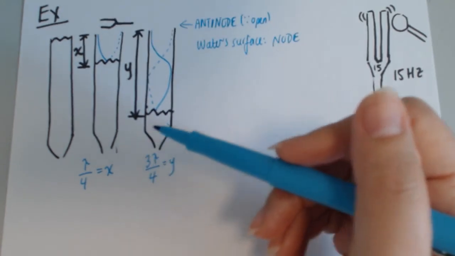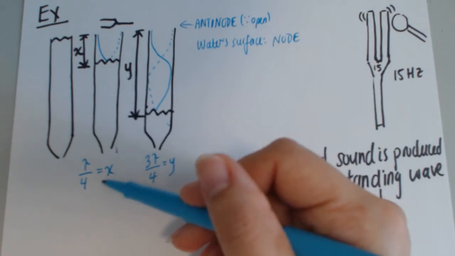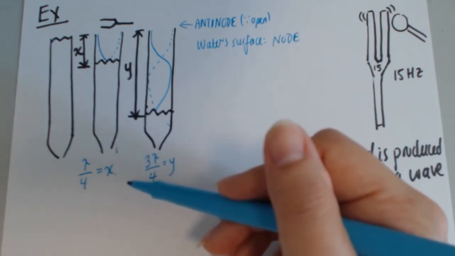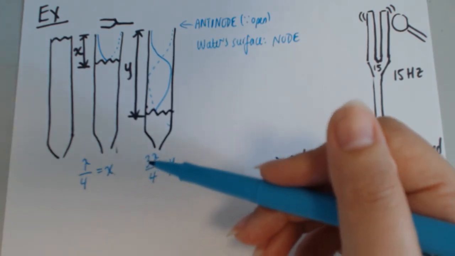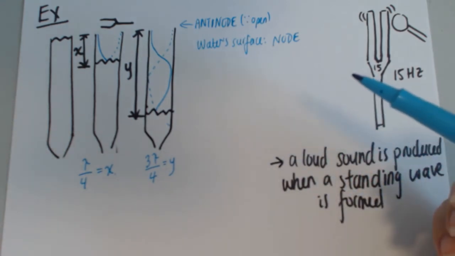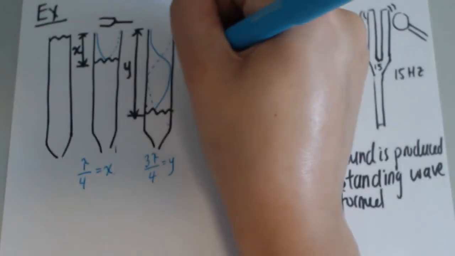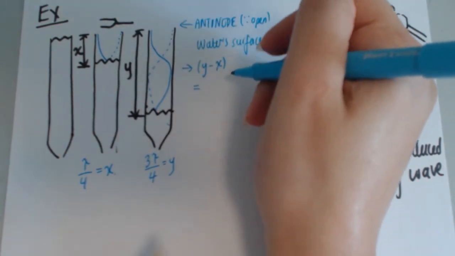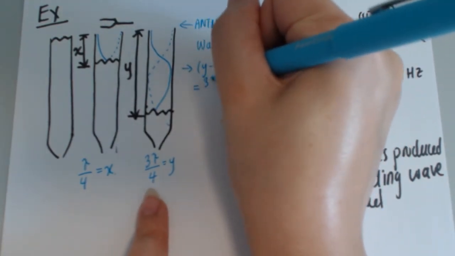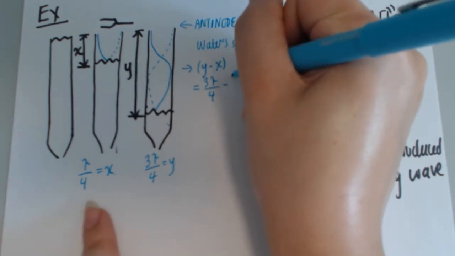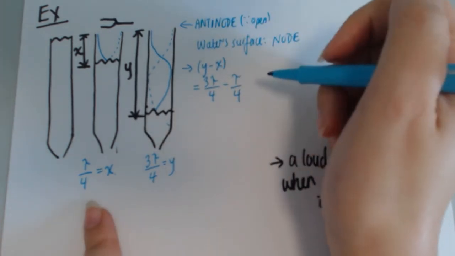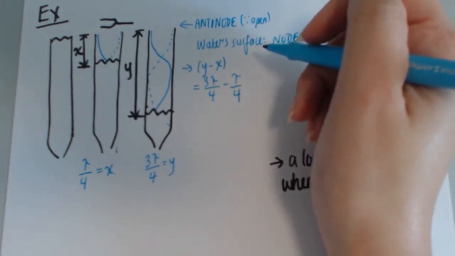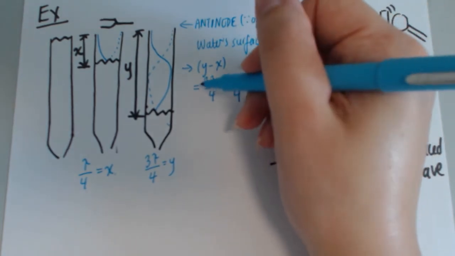Since I know it can't be x or 2x because it's clearly 4x based on this formula, therefore it's either C or D. That means I need some expression involving y minus x. So let's see what I get when I do y minus x. y is 3 lambda over 4, minus lambda over 4. Imagine you're just doing grade 9 math, collecting your like terms.